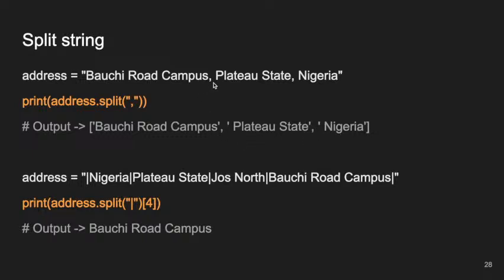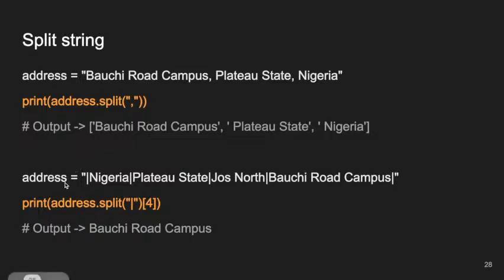You can also split by space, in which case you get Bauchi, Road, Campus, Plateau, State, Nigeria. So you get a list of those words.